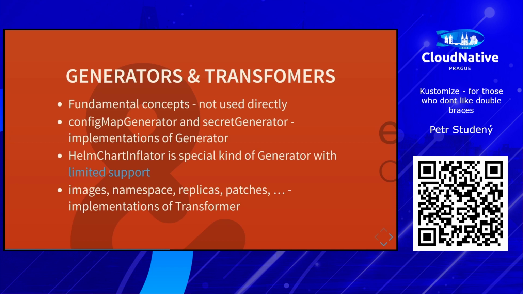There is a Helm chart inflator, which is a special kind of generator, and you can write your own generators or transformers if you would like to enrich the Kustomize. The expressions images, namespace, replicas, patches, etc., are implementations of transformers.